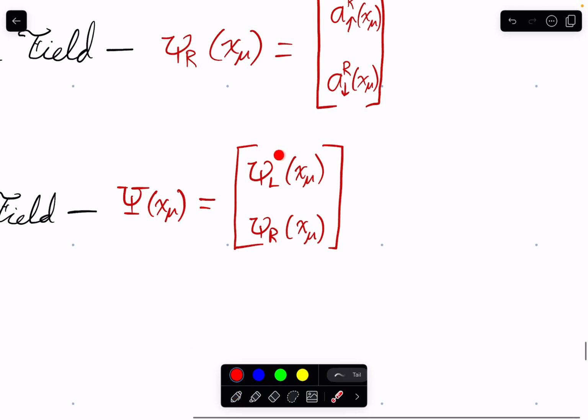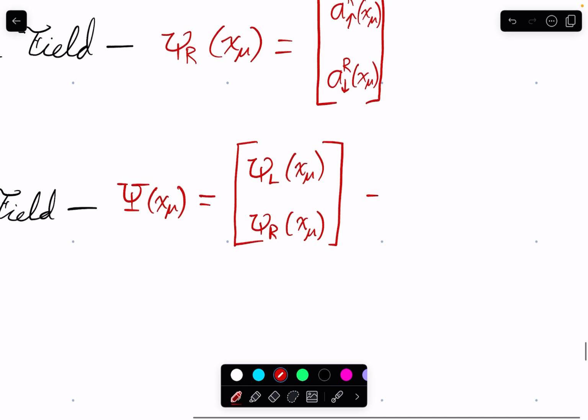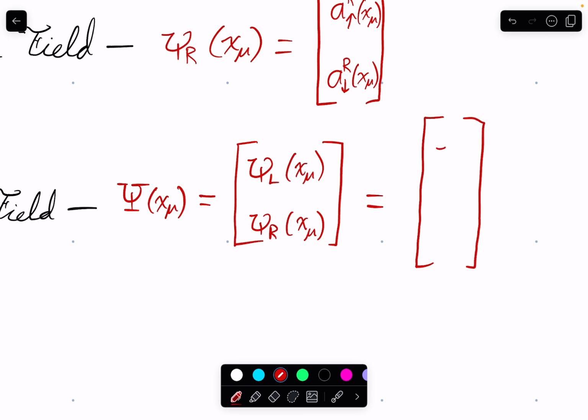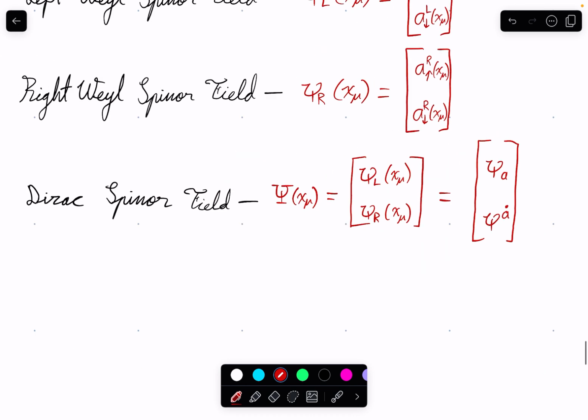It has a left spinor in the top and a bottom or right spinor in the bottom, which looks like this. So in the Dirac spinor, they have a covariant and a contravariant spinor. And you might be wondering, why do they have a covariant and a contravariant here?